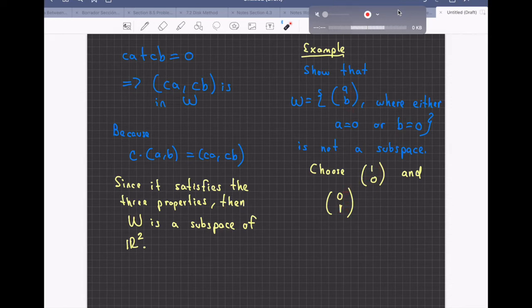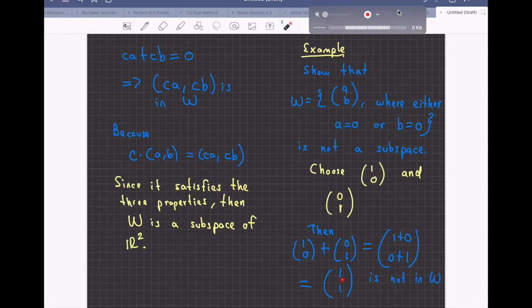But notice what happens when we do the sum. Then (1, 0) plus (0, 1) is equal to what? 1 plus 0 is 1, 0 plus 1 is 1, so (1, 1). This is not in W. Why not?